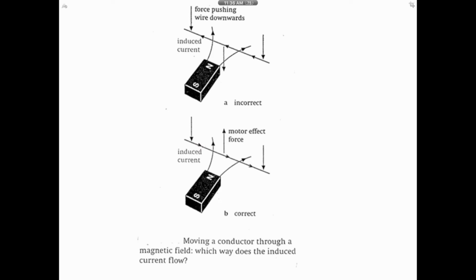So why? Once again, it is a statement of conservation of energy. So let's look at why this is wrong. Now imagine when you push the wire downwards and the current starts to flow here. Now when the current flows in a conductor, it will actually cause the conductor to generate a magnetic field, remember? Remember when the wire carries a current, it generates a magnetic field? Using what?